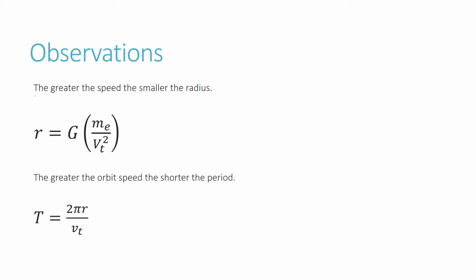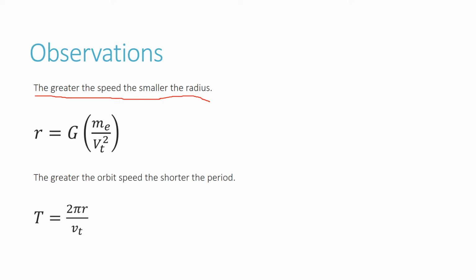First is that the greater the speed, the smaller the radius. So, understand that the satellite is in orbit. That means it's really not going faster or slower, and its orbit is dependent upon a radius. So there's no acceleration going on.